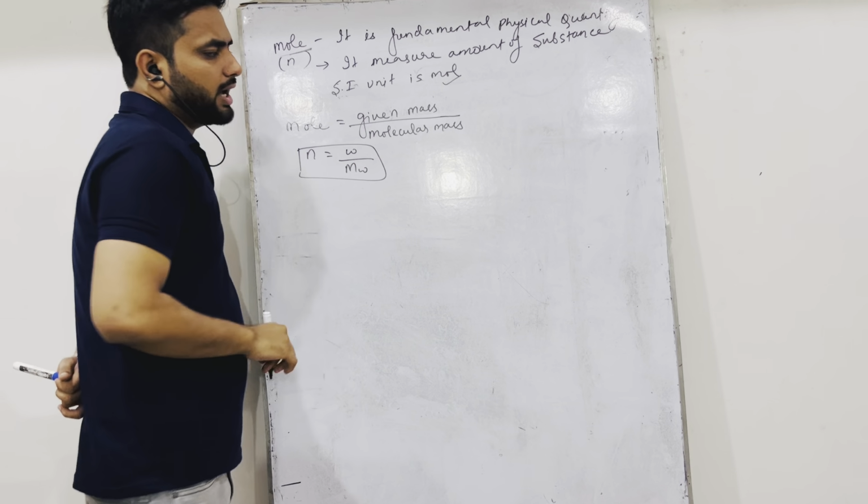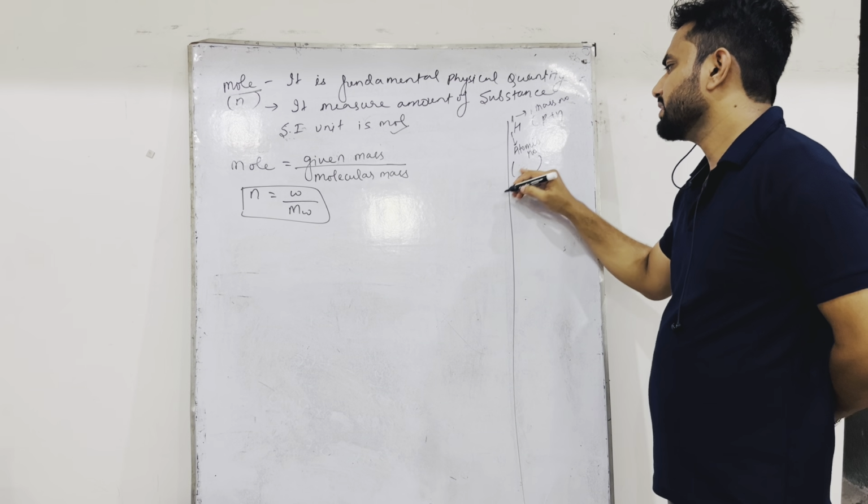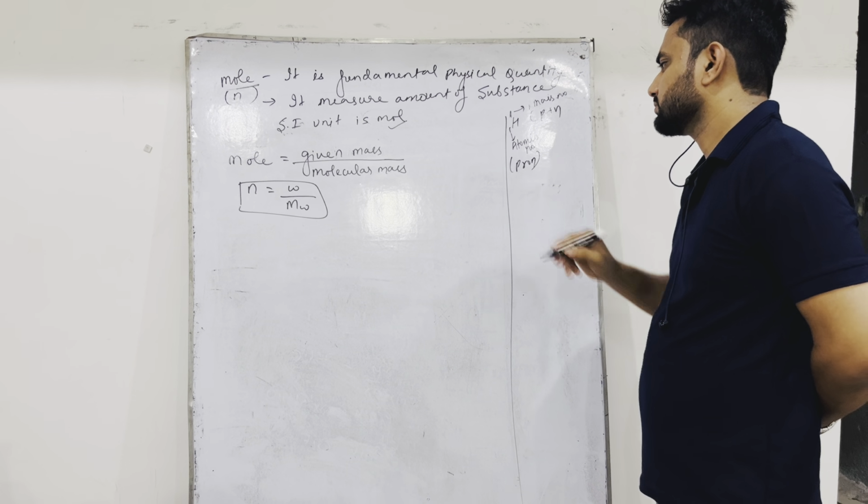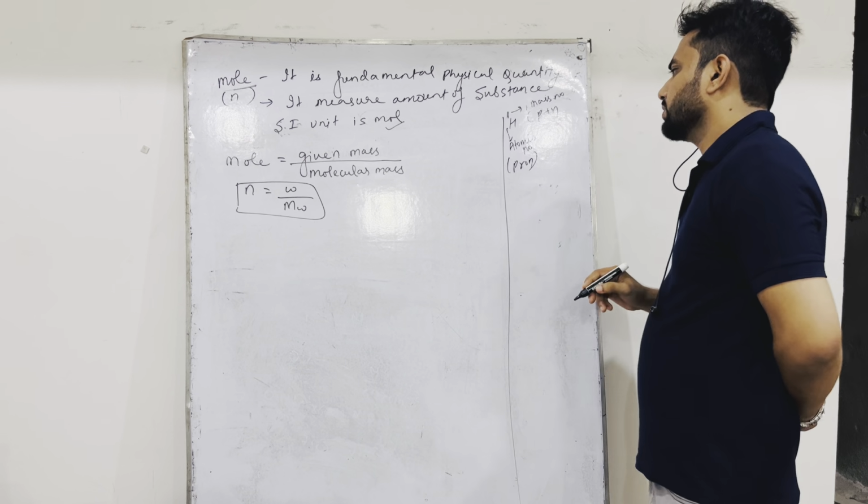Mass number means proton plus neutron, and atomic number means only protons. So the mass number is 1 and the atomic number is 1, because hydrogen has only a proton and an electron, no neutron. That's why its mass number is 1.